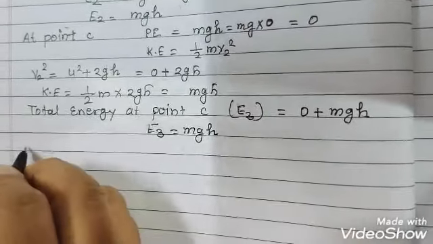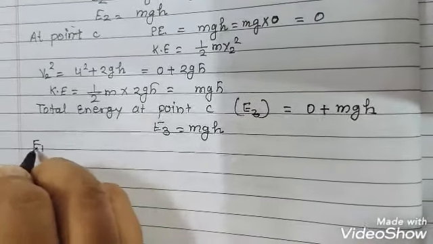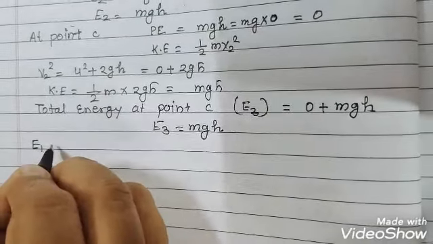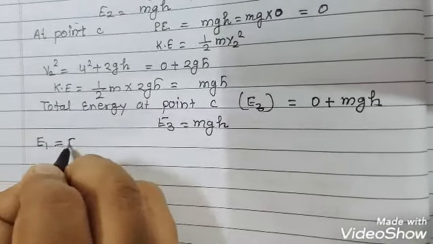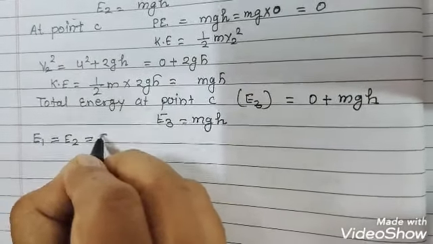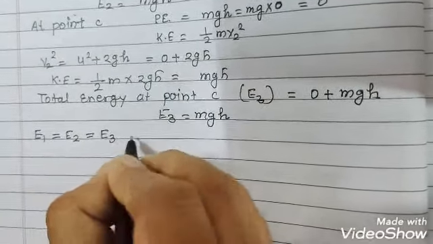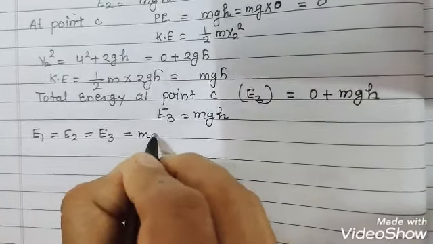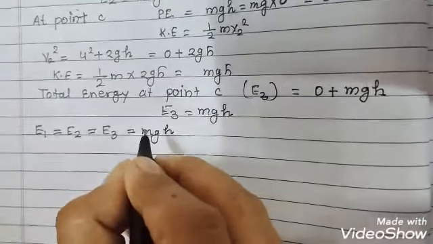Now what we have observed: E1, the sum of energy at point A, E2, the sum of energy at point B, and E3, the sum of energy at point C, all are equal to mgh.